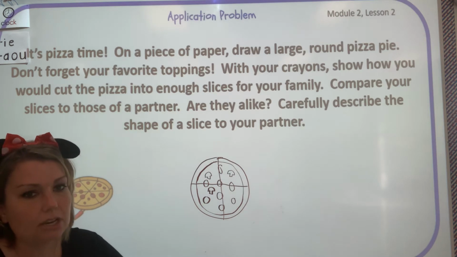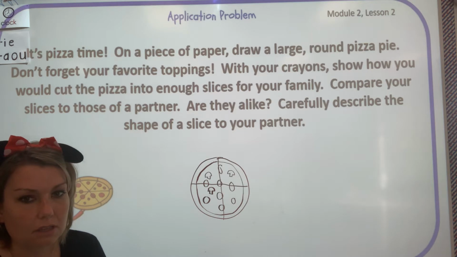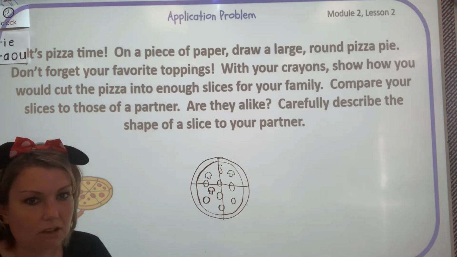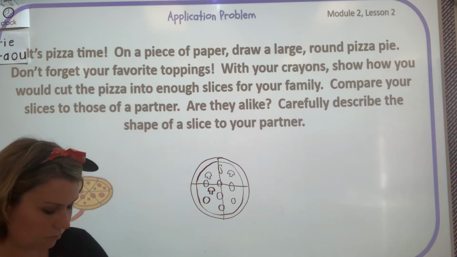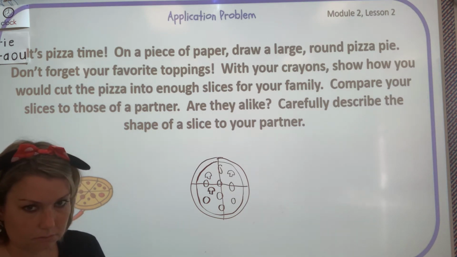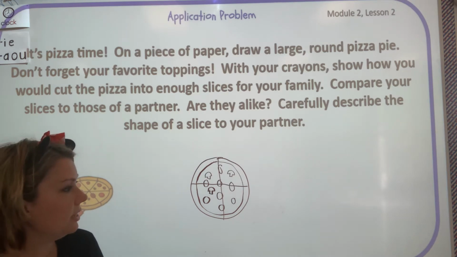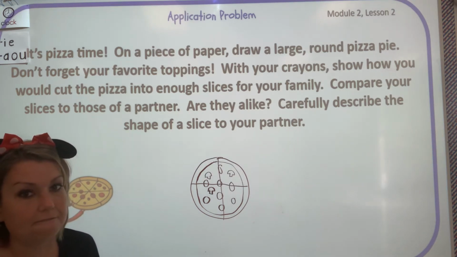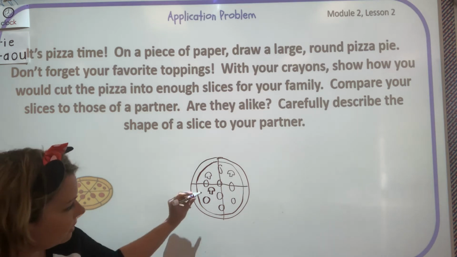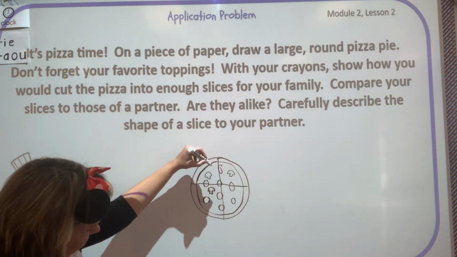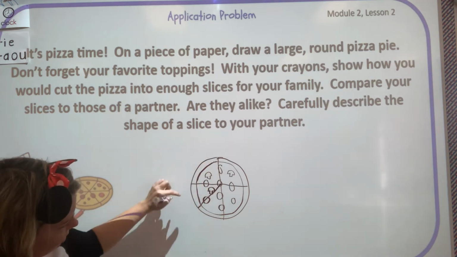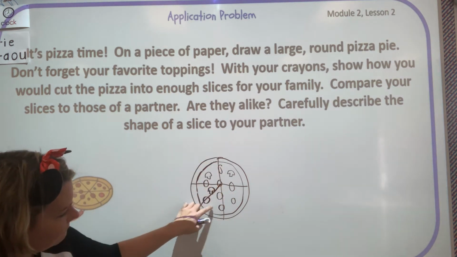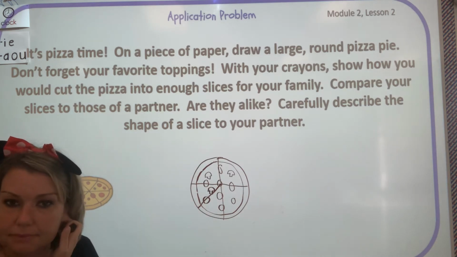Now you might have more people in your family. Who would like to share how many people they have in their family? Someone I haven't called on. Carolyn? There are 5 people. So Carolyn would divide her pizza into 5. So hers might look like this. 1, 2, 3, 4, 5.